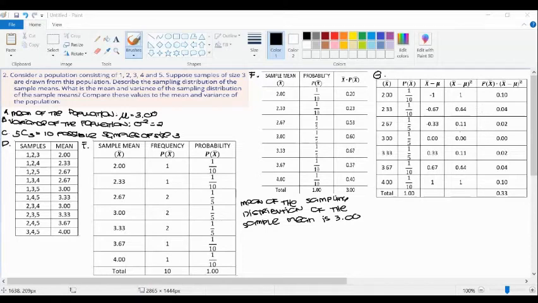Next step is we're going to square the difference, and we're going to label this as the square of sample mean minus mu. Okay, so we already have this. We're just going to square this. So -1 squared is 1. -0.67 squared is 0.44. Any number raised to 2, or any number multiplied by itself, either positive or negative, will result in a positive.